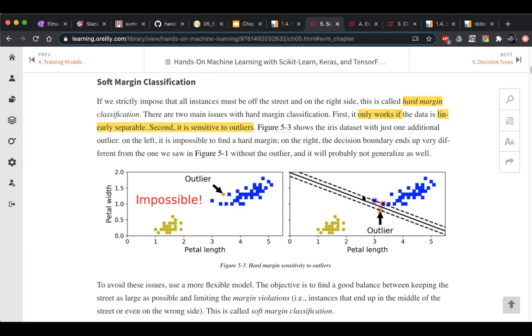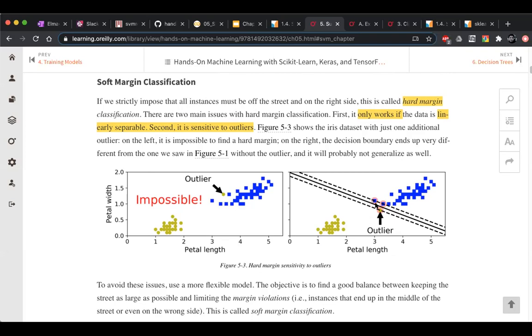And by the way, something very important in support vector machines is that these instances happening inside the street or at the margins are called support vectors. So whatever data you have outside of your street, this model doesn't care. The only thing that it cares about is the data at or within the street. So that's something important.